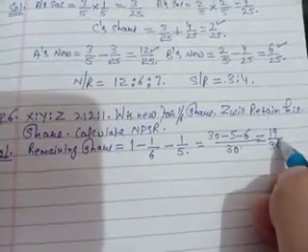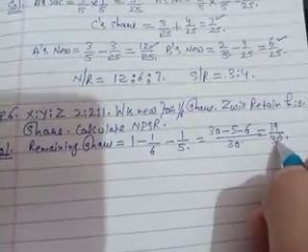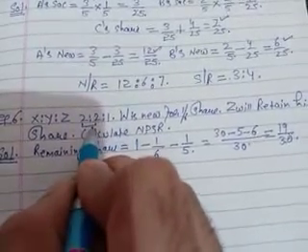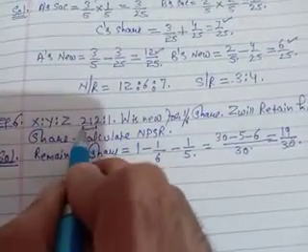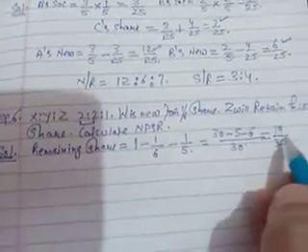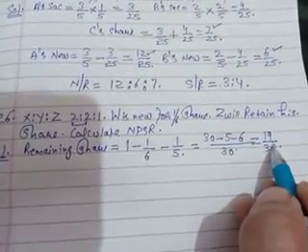So this remaining share belongs to X and Y, obviously, and X and Y mutually are sharing profits in the ratio 2:2. 2:2, that means equal. So this 19/30 will be shared by X and Y equally.